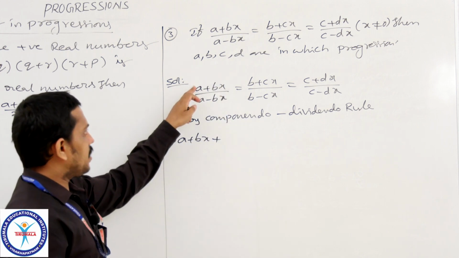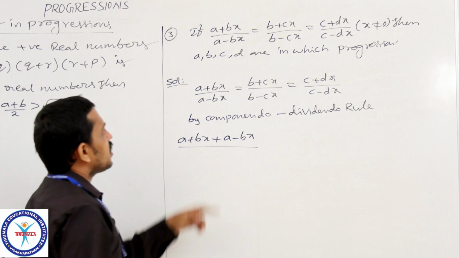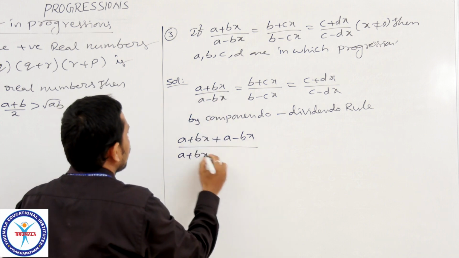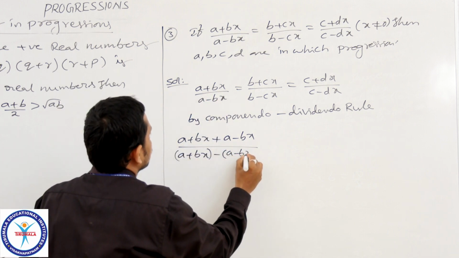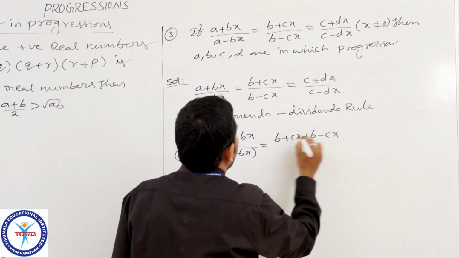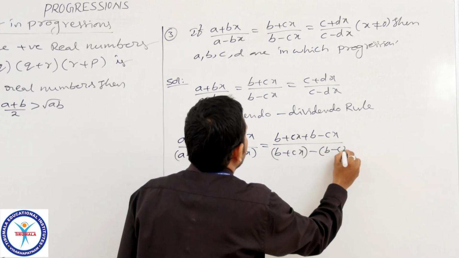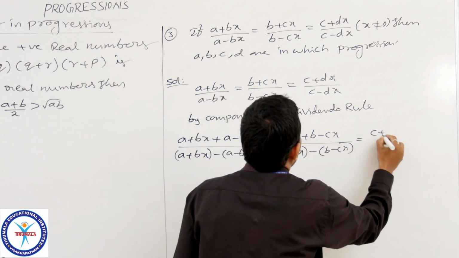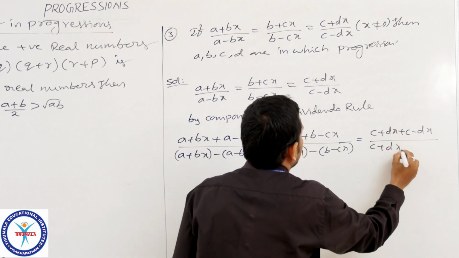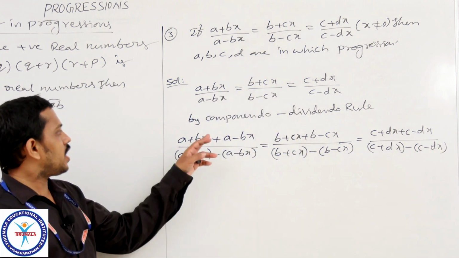Adding numerator and denominator in the numerator, and taking the difference of numerator and denominator in the denominator, we get (a + bx + a - bx)/(a + bx - (a - bx)) is equal to (b + cx + b - cx)/(b + cx - (b - cx)) is equal to (c + dx + c - dx)/(c + dx - (c - dx)).